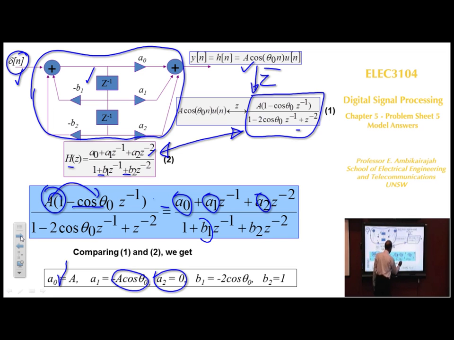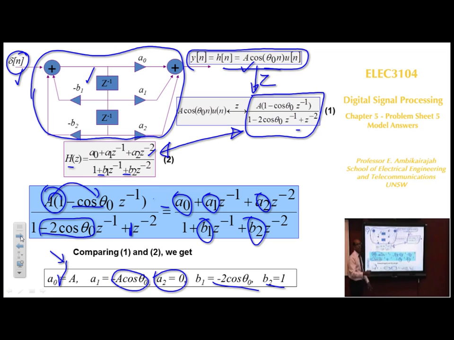Then B1 is equal to minus 2 cos theta naught, and B2 is equal to 1. And we know B2 equals 1, we set that earlier. So these are the conditions you must have in order to have this system oscillating and also giving you a cosine waveform. So this is a different twist in the question.